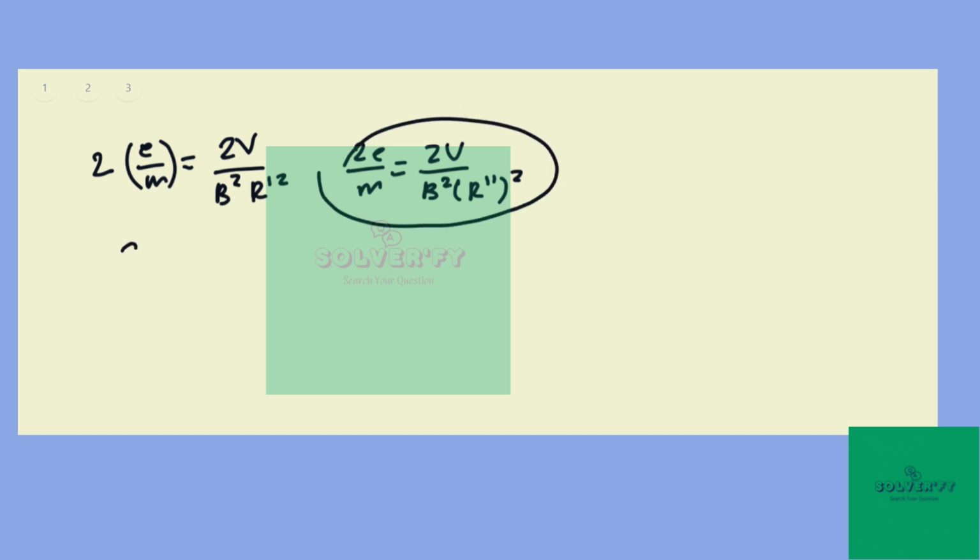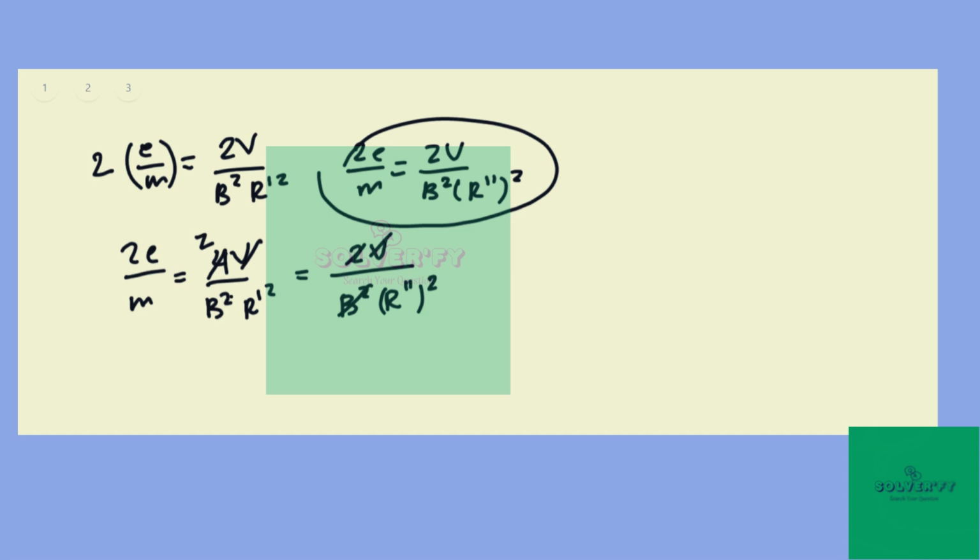So 2e over m, 4V over B squared r prime squared equals 2V over B squared r double prime squared. These are going to cancel. This is going to cancel this out. The B's are going to cancel. So from this equation, what we have is 2 over r prime squared equals 1 over r double prime squared.